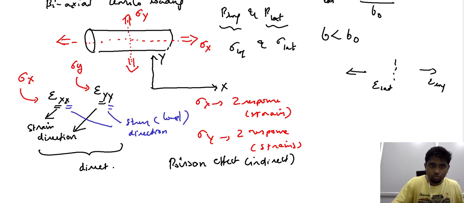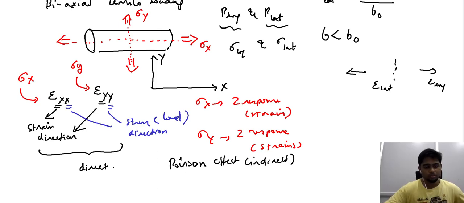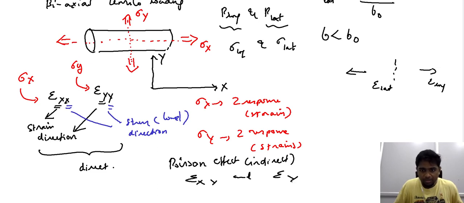In addition to the direct response along the y-axis, in addition to epsilon xx and epsilon yy, we will also have two combinations of strains that are represented by epsilon xy and epsilon yx.